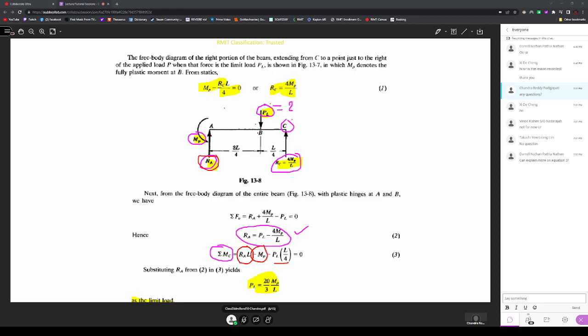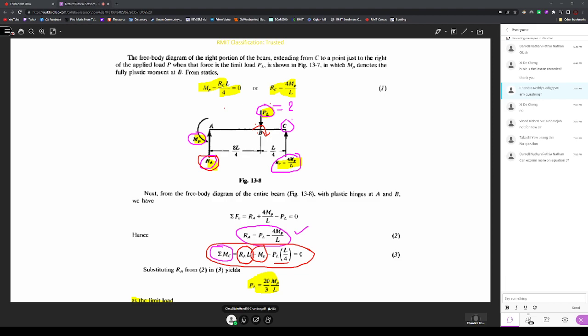This is negative because it is a downward force and causes a downward moment. Both the moment MP at point B and the moment due to the load PL at C are negative. We write this expression: the sum of the moments acting at point C is 0 when the beam is undergoing the plastic load.